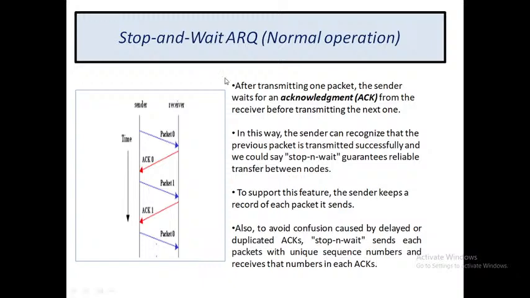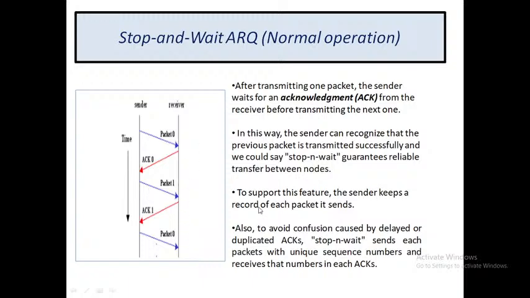Now this is the normal stop and wait. Suppose packet 0, so 0, 1 are the numbering scheme we are talking about. When you are sending some packet, the acknowledgement will be sent from the receiver end back to the sender end. So for packet 0 you are getting acknowledgement 0, for packet 1 you are getting acknowledgement 1, like that.